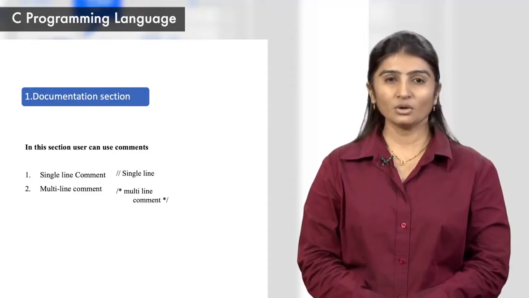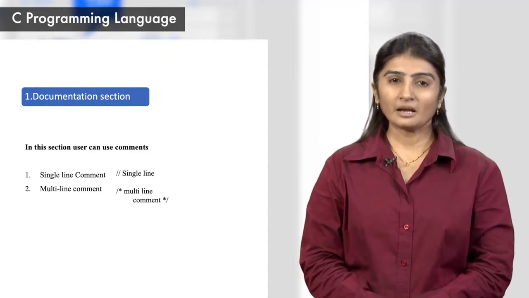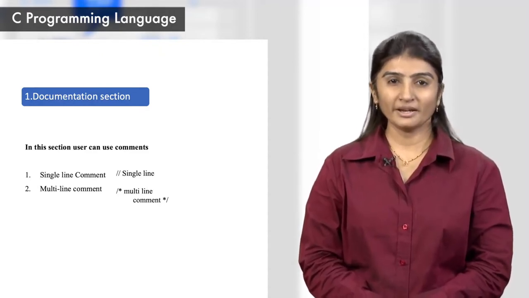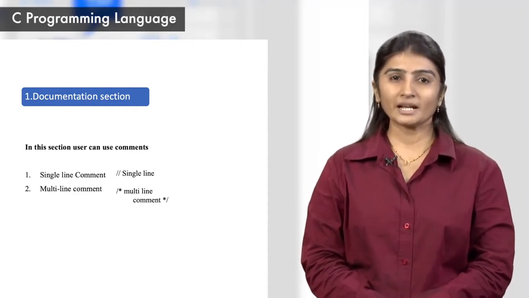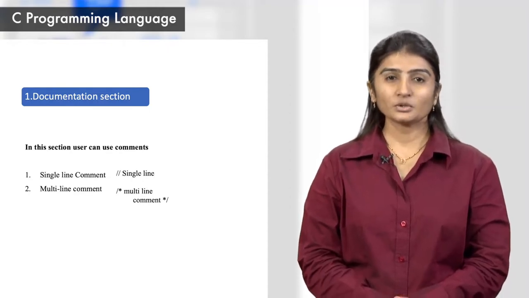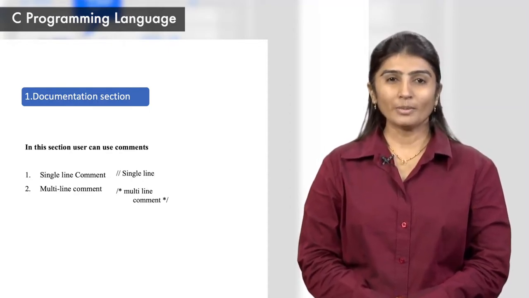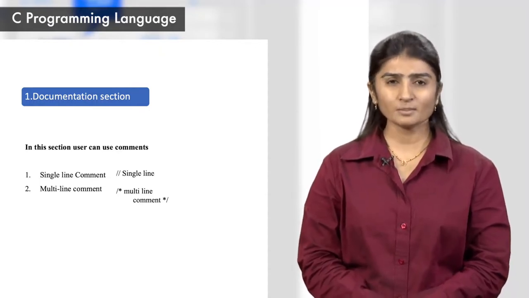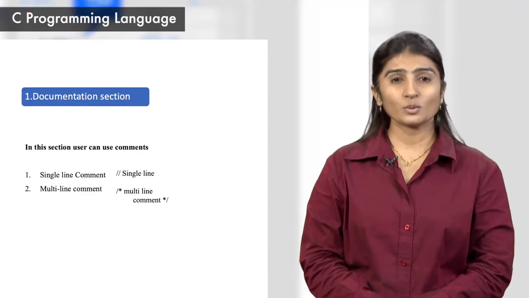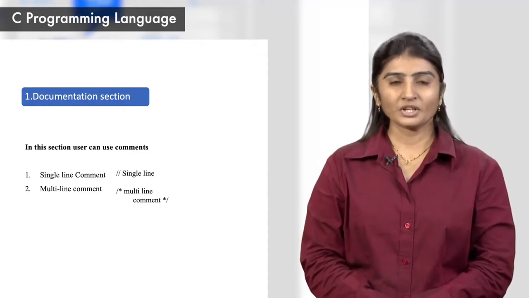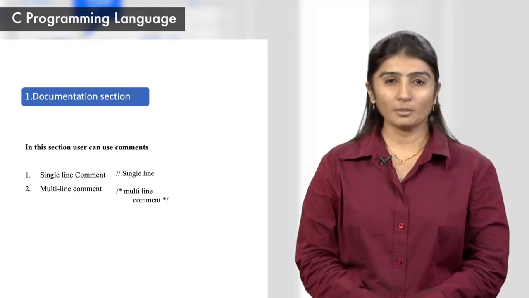But as we know, the compiler can compile only statements of the C program, and when we write any text information, the compiler can't compile it and it will throw an error. So there are two different ways to mention documentation, I can say explanation. The first is the single line comment and the second is the multi-line comment.